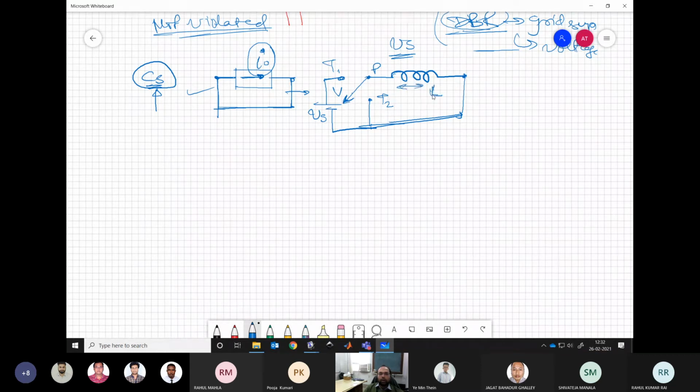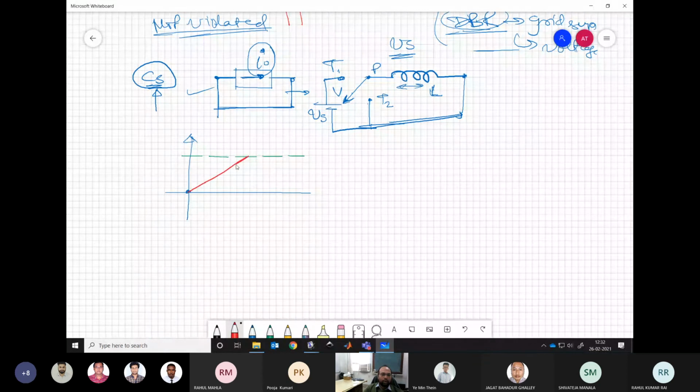Let's say the value is L. Now how will the current be maintained? We are just connecting to T1 for some time and then connecting it back to T2. So what will happen? The moment you connect to T1, you have some voltage across the inductor. This voltage will give rise to current and it will reach some value. Let us say this is my desired value.